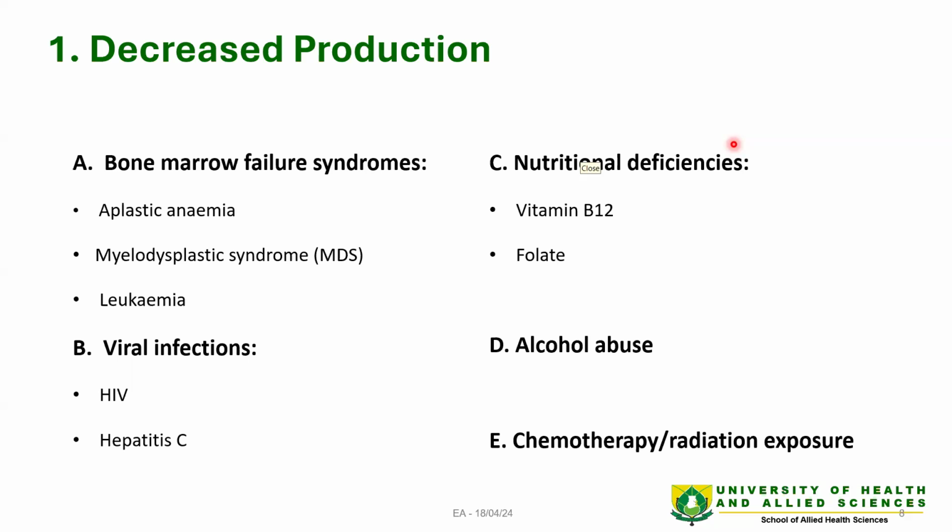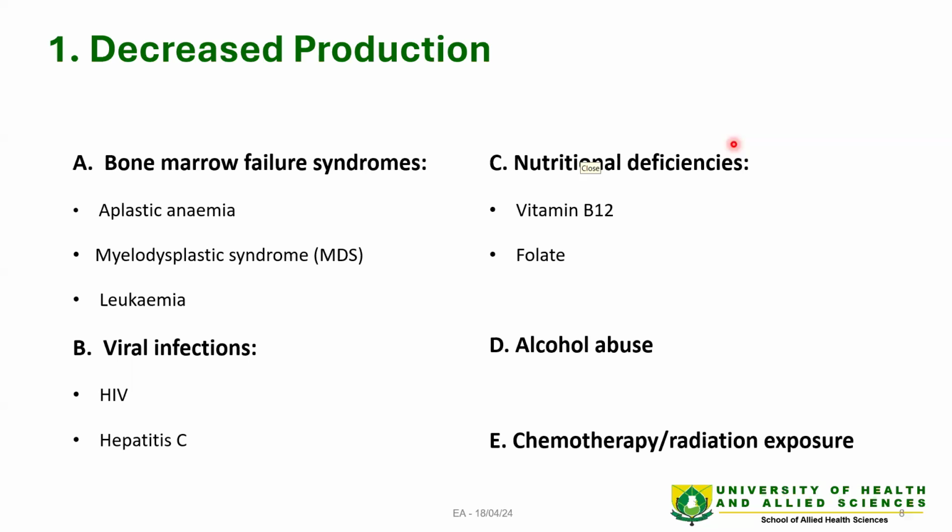Then you have chemotherapy and radiation exposure. Yes, there are some drugs which, when taken, may form complexes with platelet proteins, and this may attract the immune system, forming antibodies against these platelet surface proteins, and that could lead to the early destruction of these platelets.